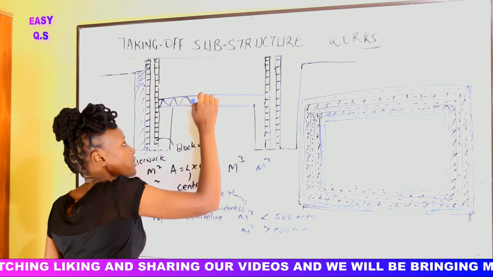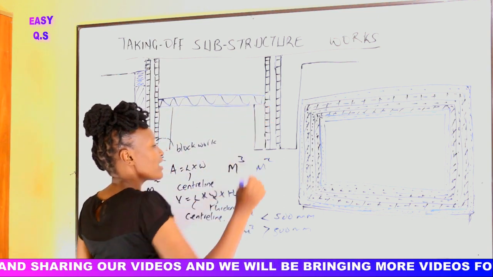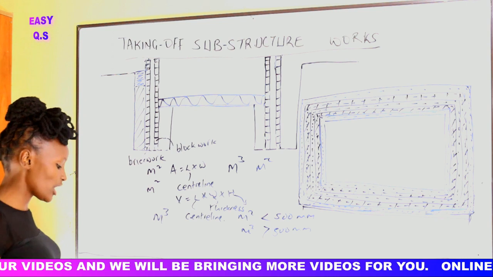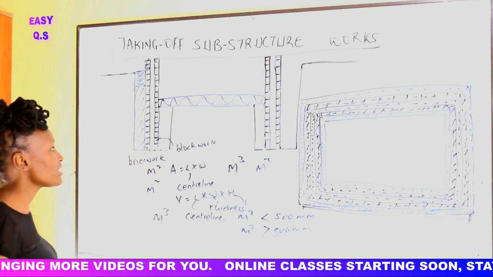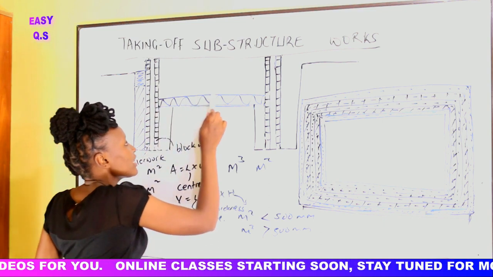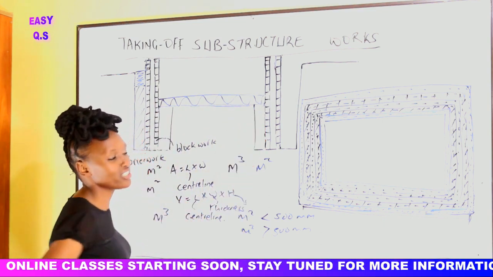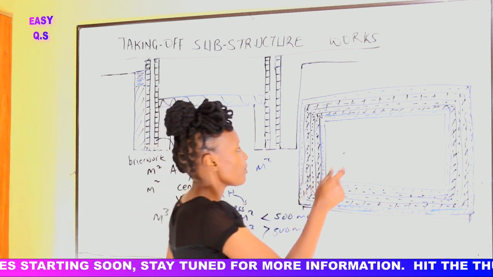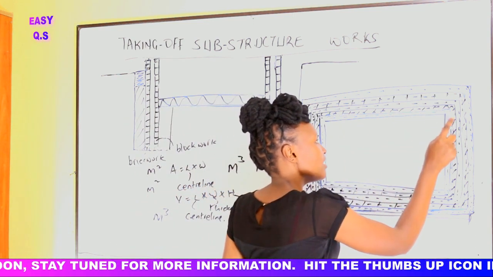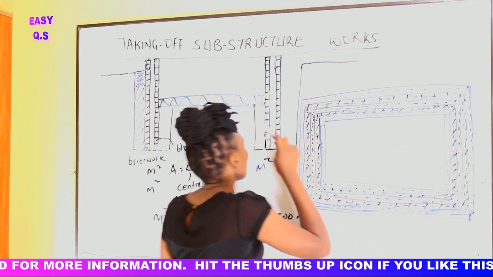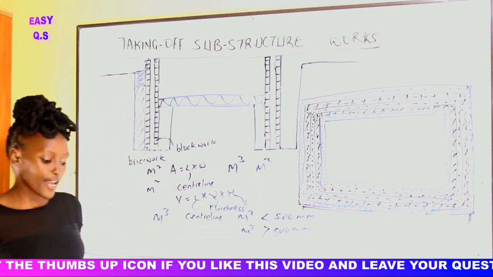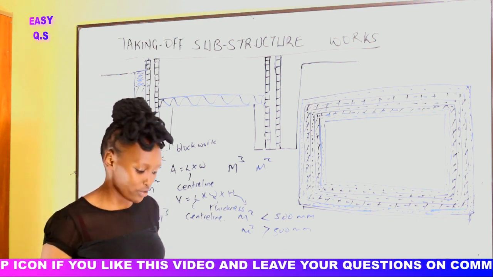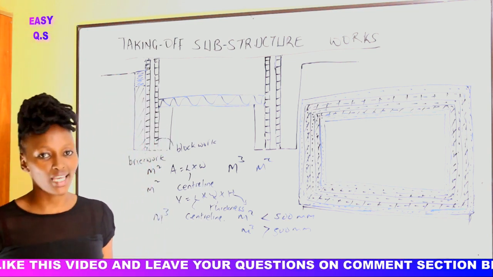The NRM states that we should measure hardcore in terms of meter cubed. So we shall take the length and width times the thickness of the hardcore. If we come to the plan, we shall take the length, the width, then the thickness of the hardcore. That one we state as filling to make up levels with hardcore, usually measured in meter cubed.